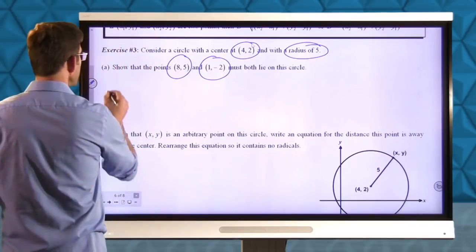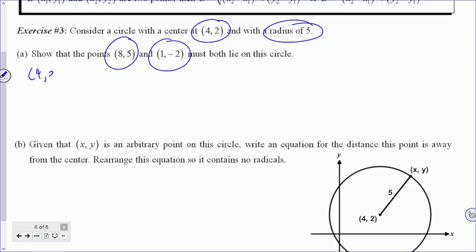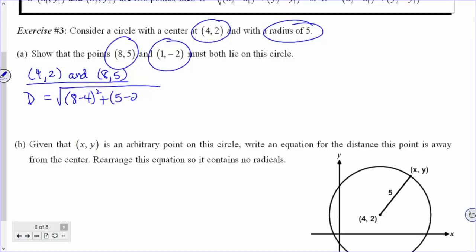All right, I want to find the distance between 4, 2 and 8, 5. Well, the distance formula will be the square root of x2 minus x1 squared plus y2 minus y1 squared.